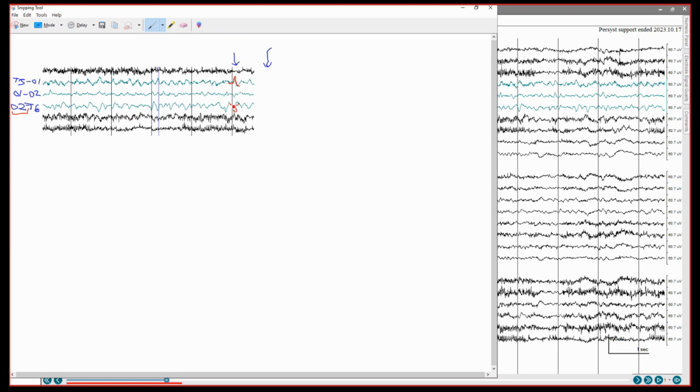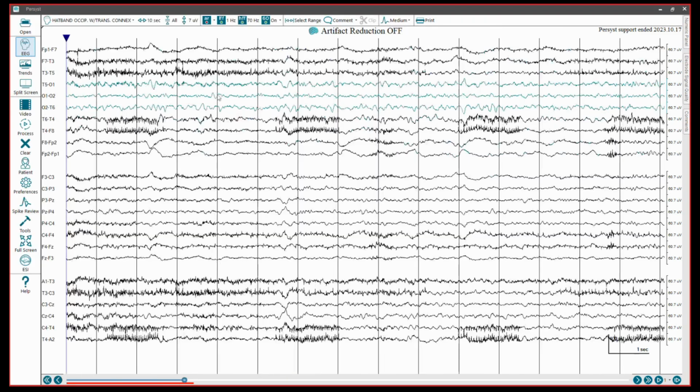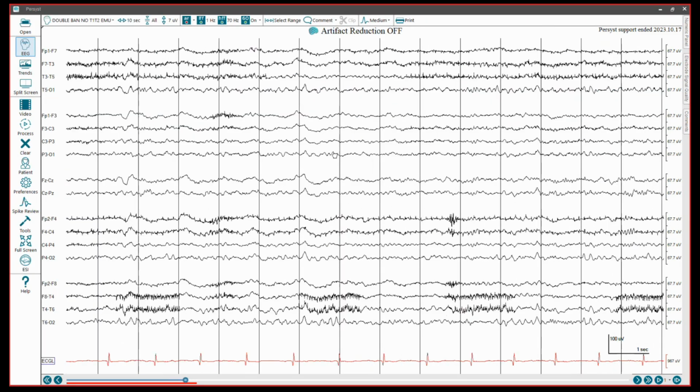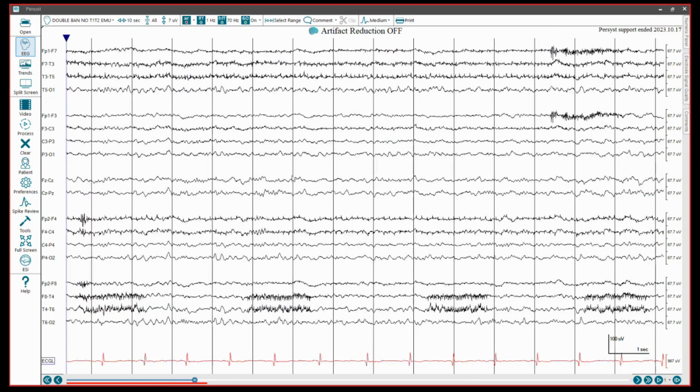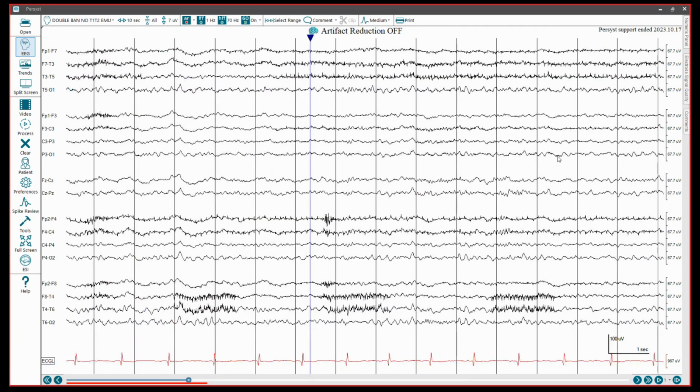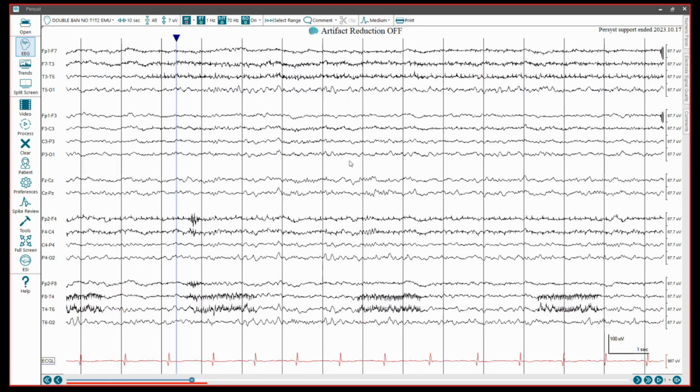Right, moving on, go back to an anterior to posterior bipolar montage. So it looks like the patient started to sleep again or transitioned into sleep.